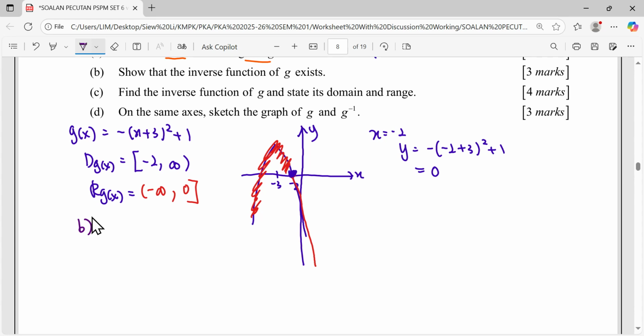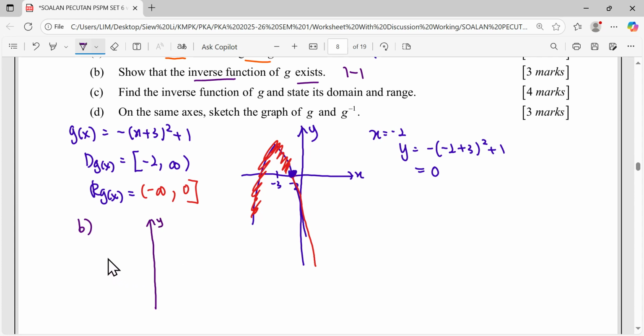Sebab algebraic method tak boleh tunjuk mana bahagian kamu dah cut. So hanya kita nak tunjuk this one exists, inverse exists means 1-to-1 function. So to show 1-to-1, you only can use your graph. So by how you have to draw it correctly.